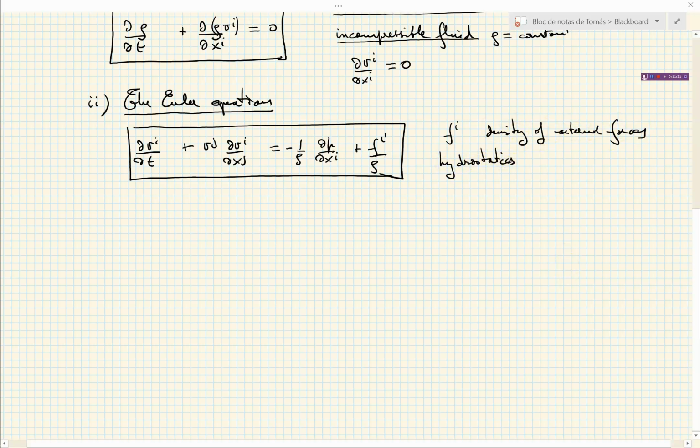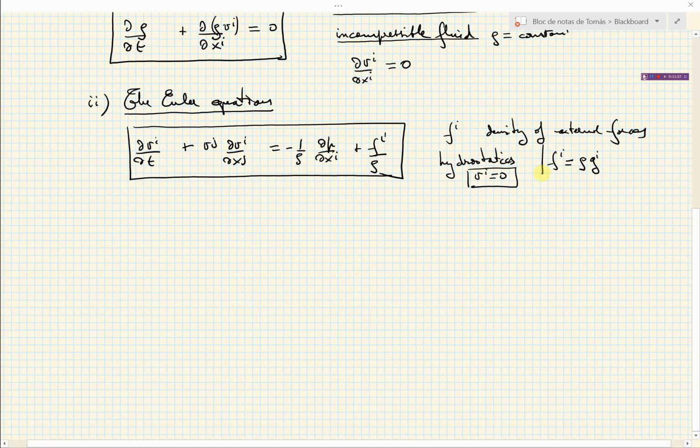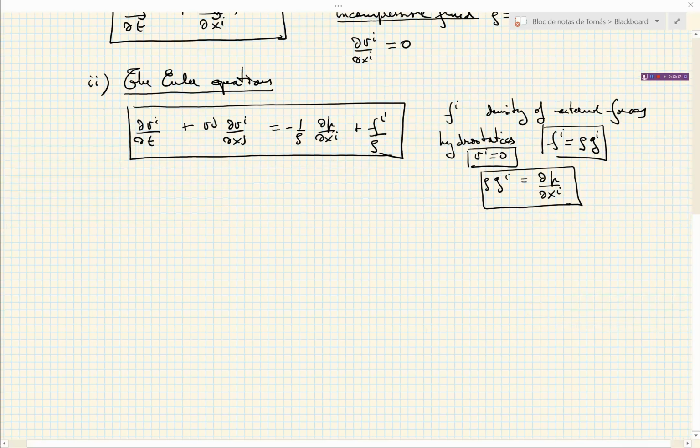Okay, the fluid does not move, and the density of forces are just the forces of gravity. So it's the density of mass times gravity. Okay, and if you plug these conditions into the Euler equation, you arrive just at rho gi equal to dp over dxi. This is the equation, or one of the equations, that governs hydrostatics, the equilibrium of fluids.